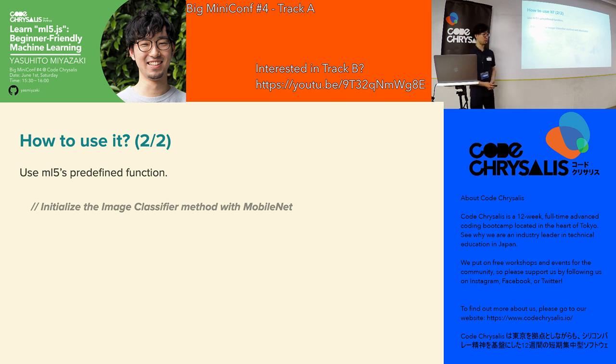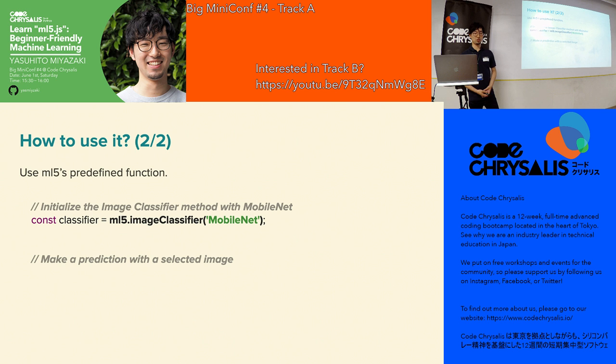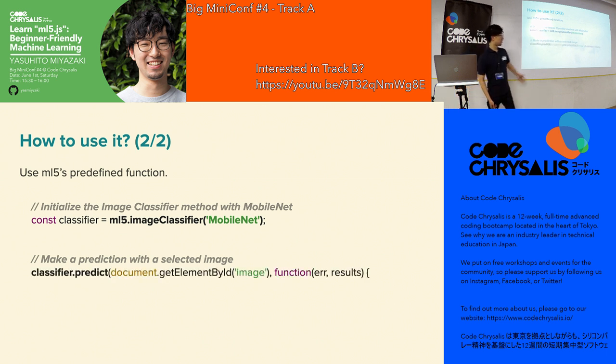I will explain what MobileNet is later. So here, now you have a classifier. And then make a prediction: classifier.predict and the image or video you want to classify. That's it. Super simple.